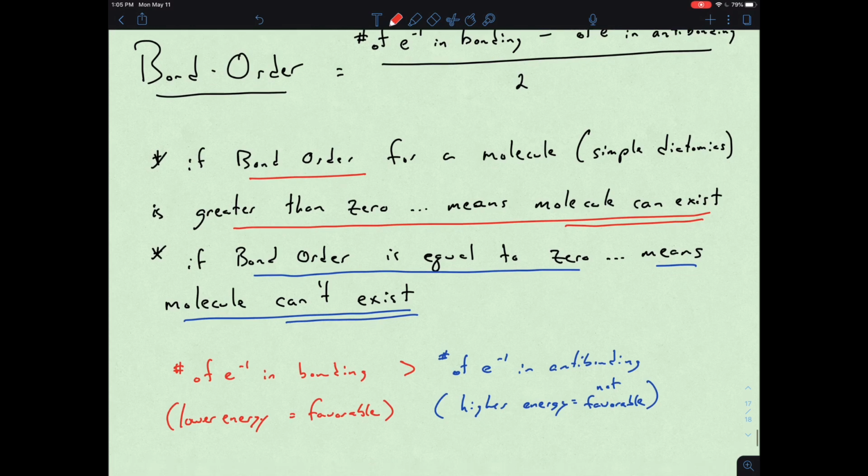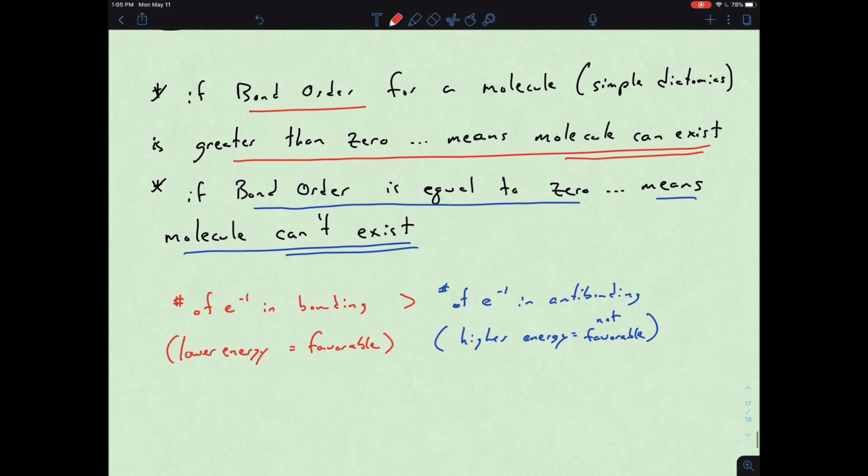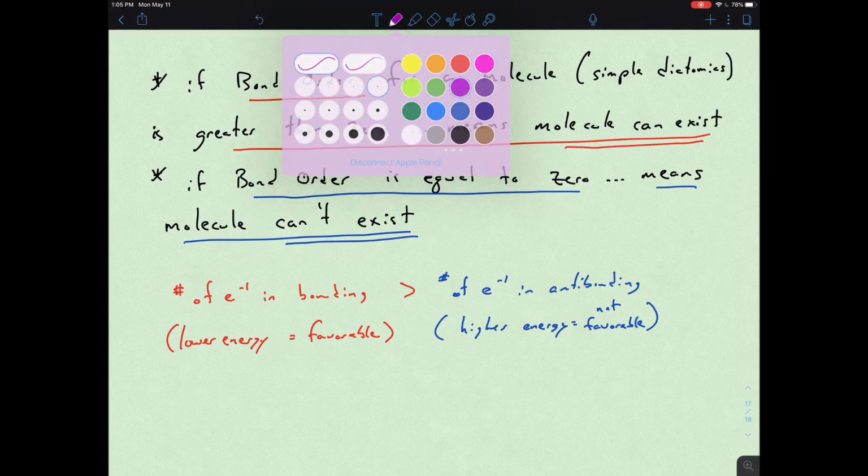So for a molecule to exist, we must have this scenario, right? We must have more electrons in the bonding, a net result of lowering of energy, as opposed to them being equal.